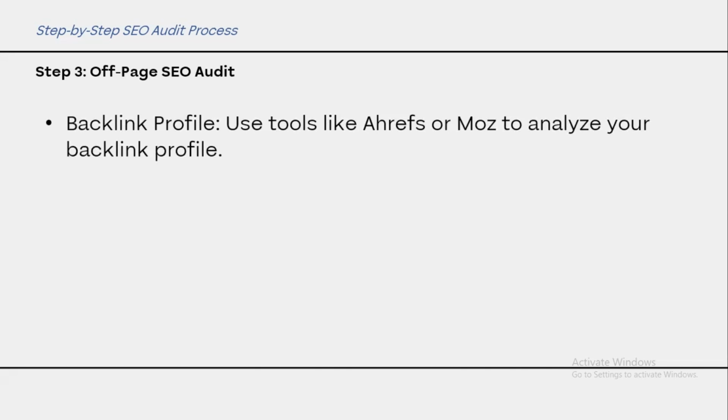Because we talked about creating content and said it's important that you enhance the authority of your content by also creating backlinks, right? How backlinks connect your content out of the website to other similar websites. This also helps in your ranking. So use tools like Ahrefs or Moz to analyze your backlink profiles, right?